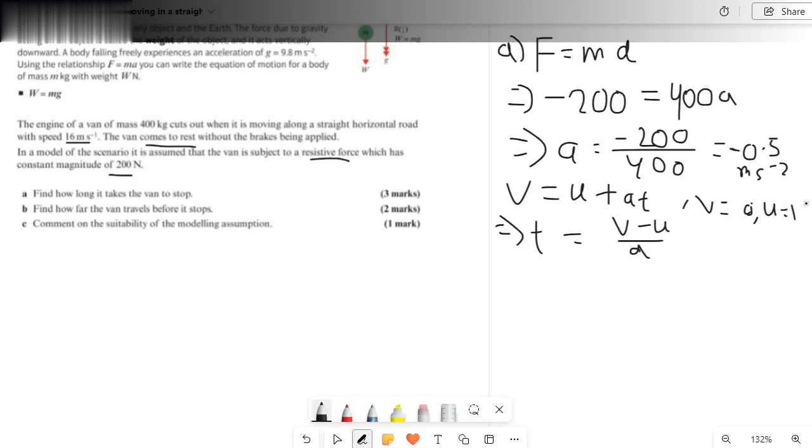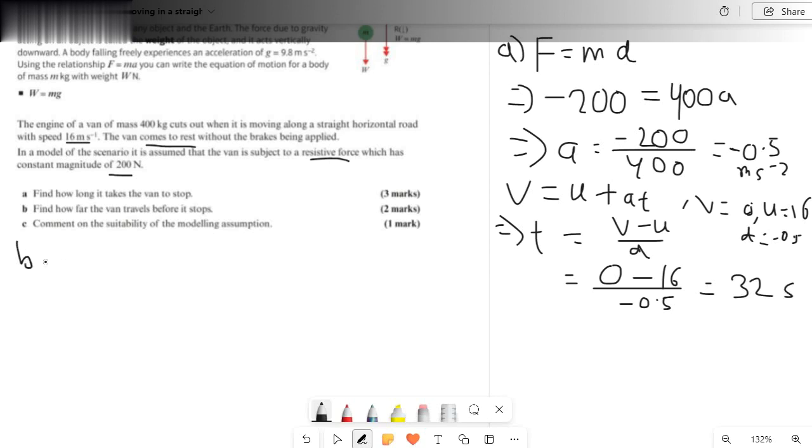So u is equal to 16 and acceleration is found to be minus 0.5. So we can substitute those values to get (0 - 16) divided by minus 0.5. So we have 32 seconds.